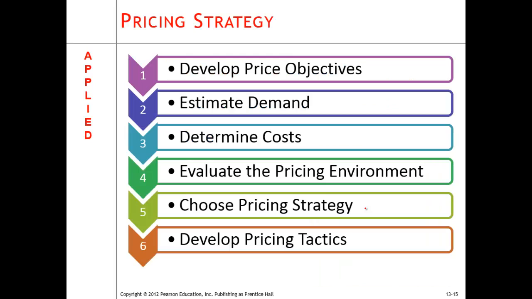The steps in developing a pricing strategy are: 1. Developing the price objectives. 2. Estimating demand. 3. Determining costs. 4. Evaluating the pricing environment. 5. Choosing a pricing strategy. And 6. Developing pricing tactics.